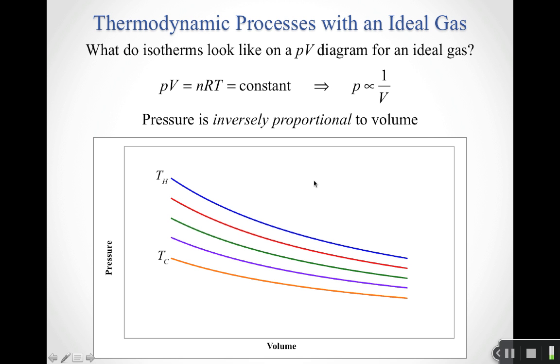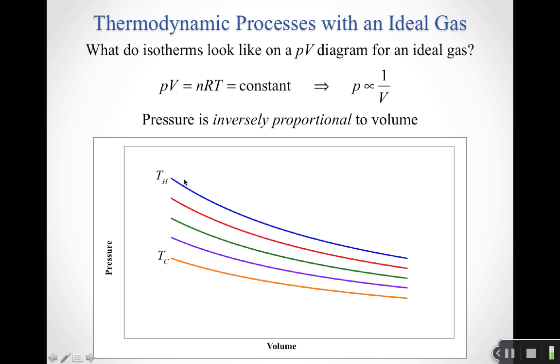When you do this, you get basically these inversely proportional curves. So this should look like a 1 over x curve. This is just a 1 over x curve for reasonable pressures and temperatures that we'll deal with in an ideal gas.